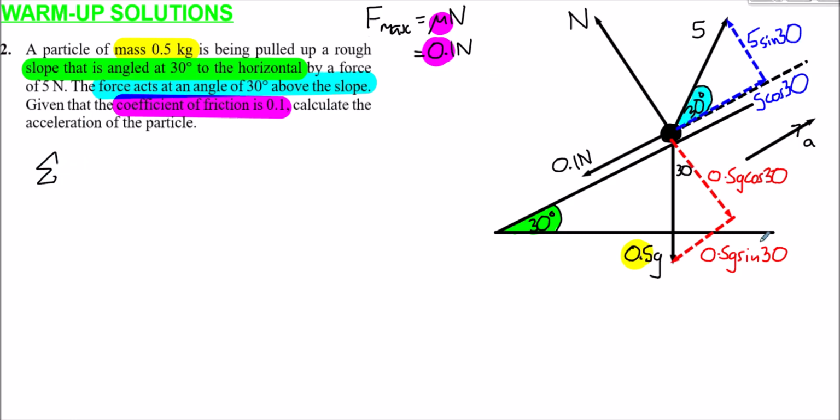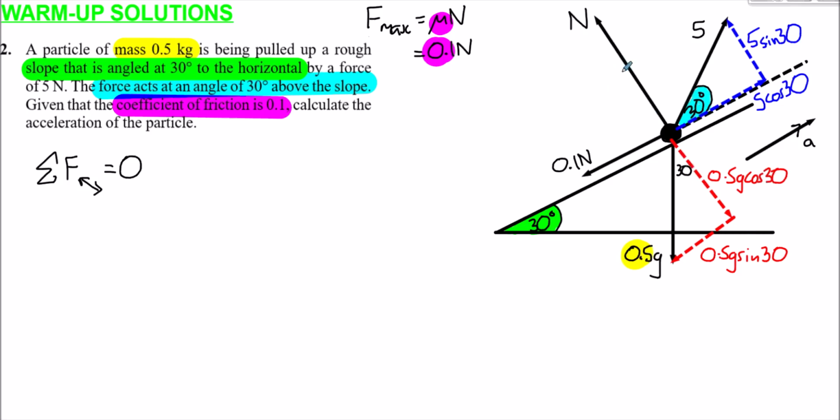Because there's an idea of equilibrium in this direction, the particle's not going to be moving up and away from the plane or falling in. There's going to be a balance of forces perpendicular to the plane. So the sum of the forces in this direction will be 0.